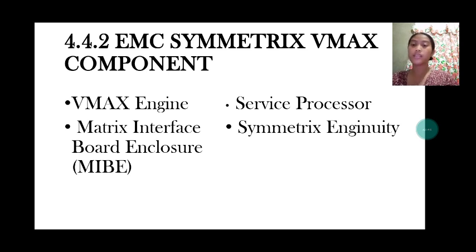The second component is the Matrix Interface Board Enclosure, or the MIB. The Matrix Interface Board Enclosure contains 2 independent matrix switches that provide point-to-point communication between the directors. Each director has 2 connections to the VMAX Matrix Interface Board Enclosure, because every director has 2 separate physical paths to every other director via the virtual matrix.